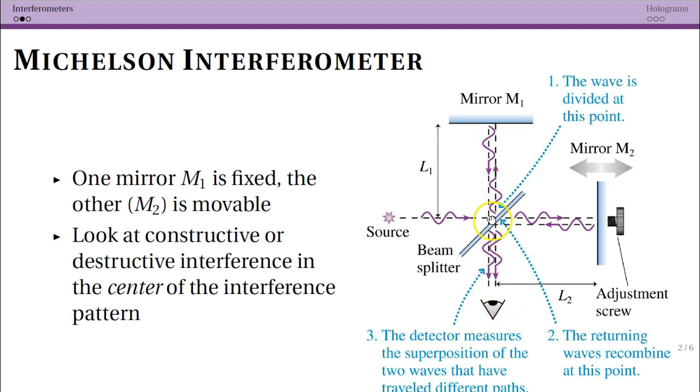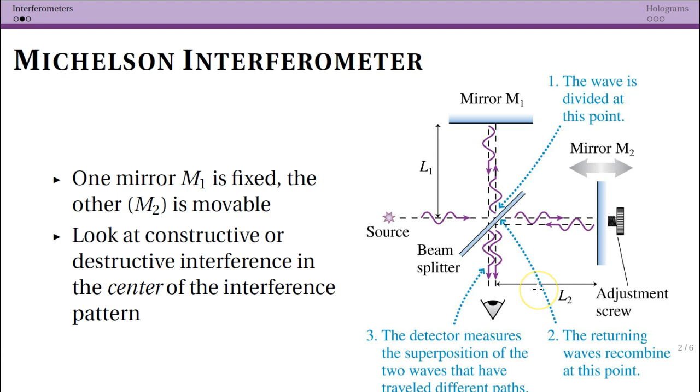So in this case, you have two beams now that are coming back to your detector. The physics technique is to show an eyeball here, but we would usually be using a real detector and not just an eye. So one of these mirrors is usually fixed in place, and then the other is movable. And what we're looking at here is the interference pattern that we get.